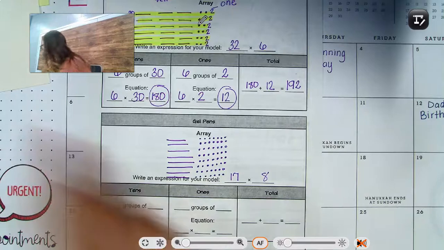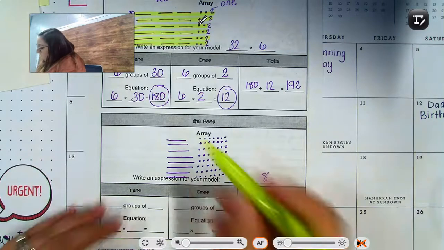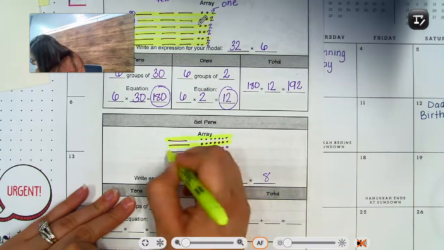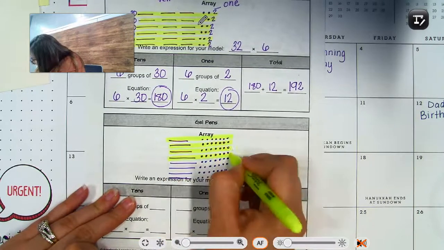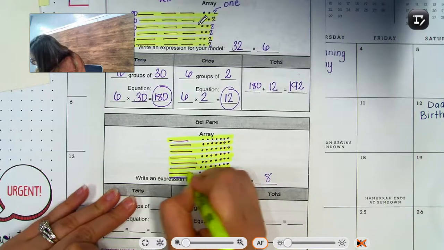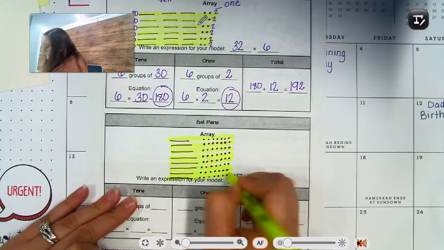Okay. So I have my 8 groups. 1, 2, 3, 4, 5, 6, 7, 8.